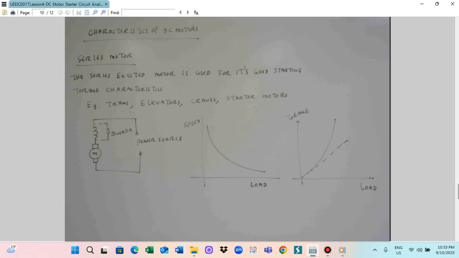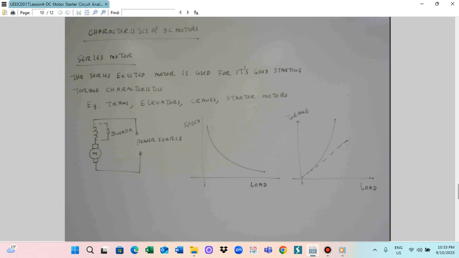We can also use a divider. Divider means that sometimes you want to control the current, so you have to use an external resistor. With a parallel resistor, you can adjust the resistance so that you can adjust the current. So the load and speed characteristic equals the starting torque.